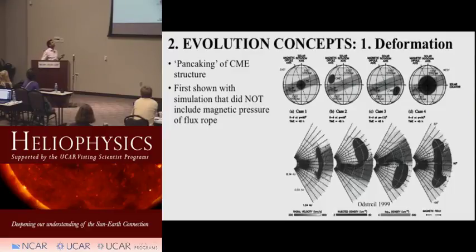And if you inject your CME into a background solar wind, in this case, if it's inside the slow solar wind, so the gray section is your slow, and your white section is your fast, and depending on where you inject it, you'll get weirdly deformed objects. And a lot of that is because there is no internal magnetic field restoring it or maintaining its shape.